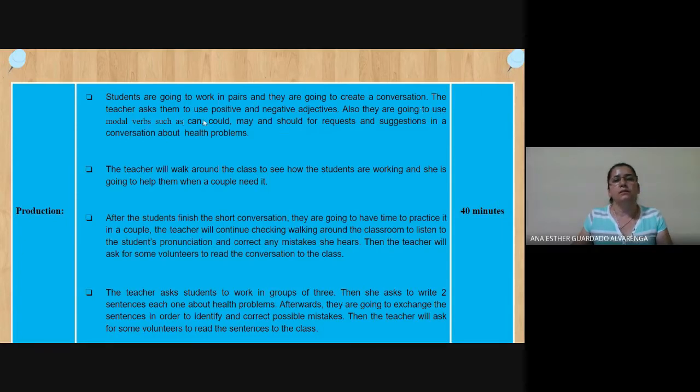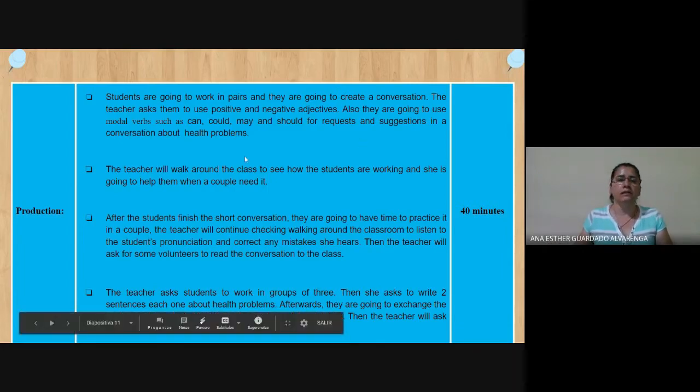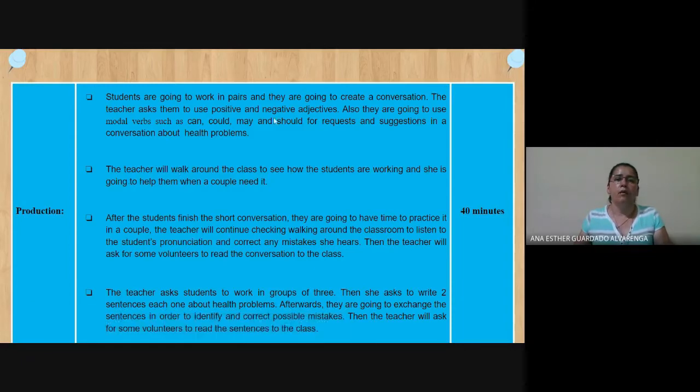The teacher asks them to use positive and negative adjectives. Also, they are going to use modal verbs such as can, could, may, and should for requests and suggestions in a conversation about health problems. While the students are doing this exercise, the teacher is going to walk around the classroom and help students when they need it.